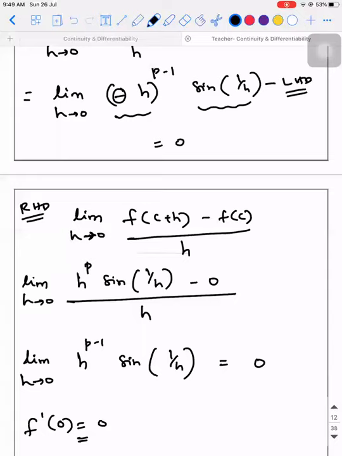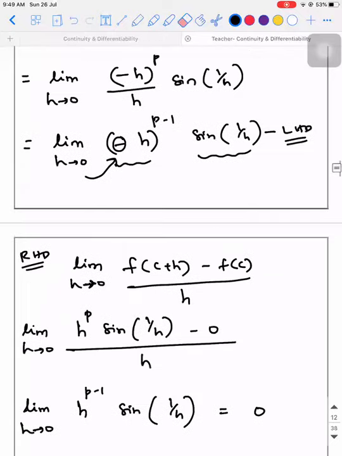The next step is immediately, when I don't have 0 by 0 form, I'm going to substitute the 0. That's it. Minus 0 plus 0 is not going to matter. 0 power p minus 1. That's it. Oh, you're talking about the exponent, right? Just a minute. Yeah, that's right. One minute. The question you asked is valid. Wait.